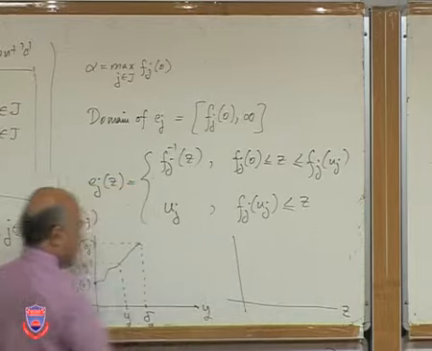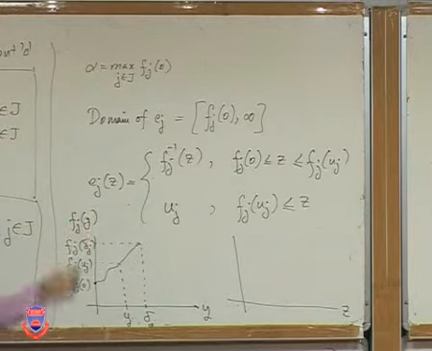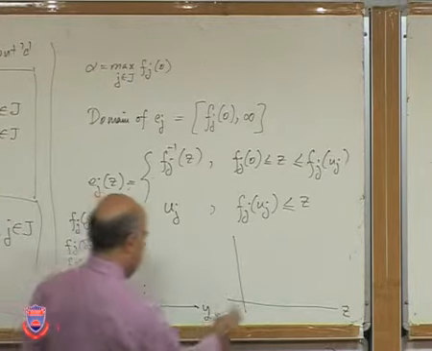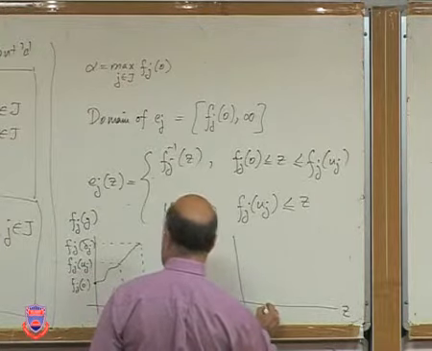This function will be the mirror image of this function along the 45-degree line through the origin. So it will start somewhere here. I don't know if I can draw this.